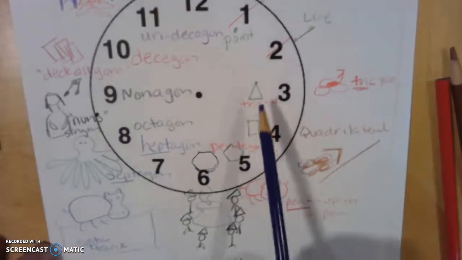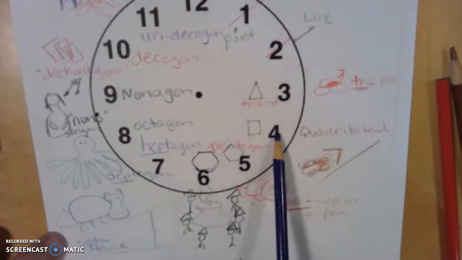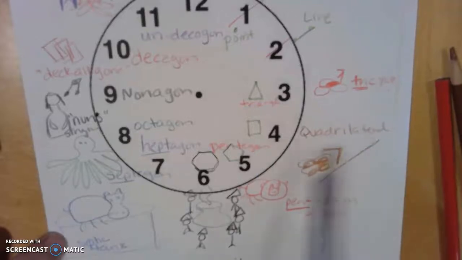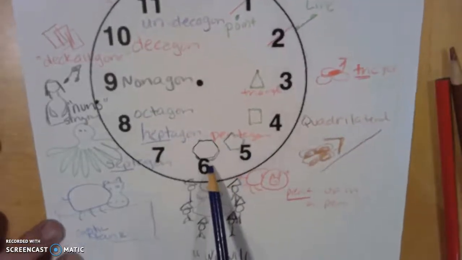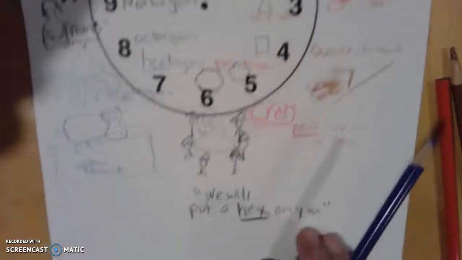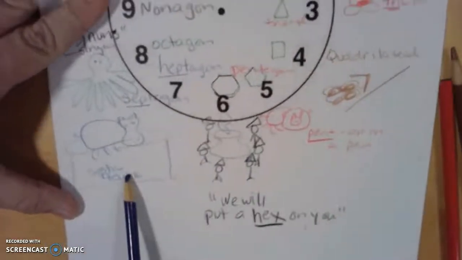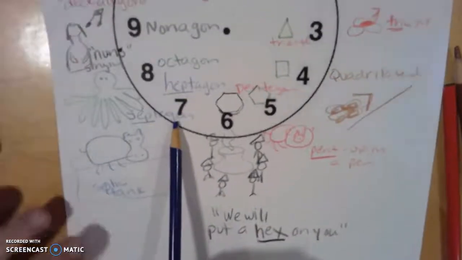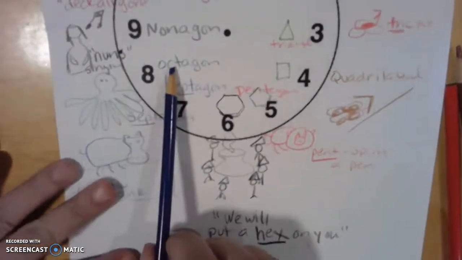It's a little picturesque clock, a visual to help you remember. Triangle, quadrilateral, because of the quads going up the hill. Pentagon, pigs pent up in a pen. Hex, which is going to put a hex on you, so a hexagon. A hippo sliding down a septic tank, a heptagon or a septagon. An octopus is an octagon.